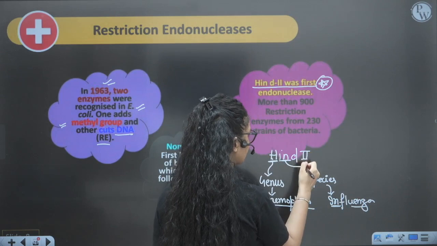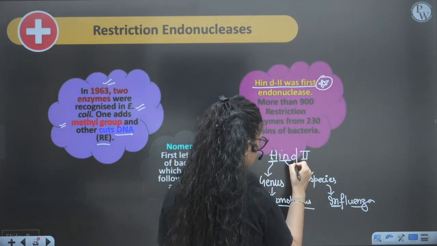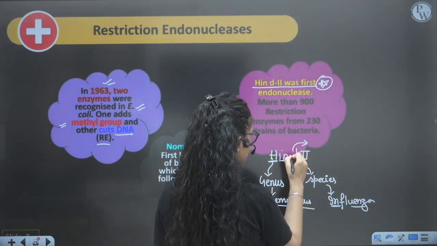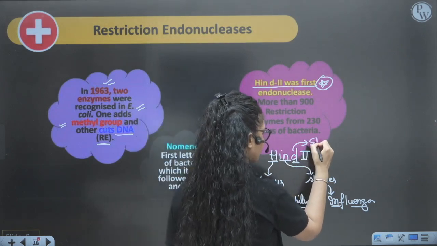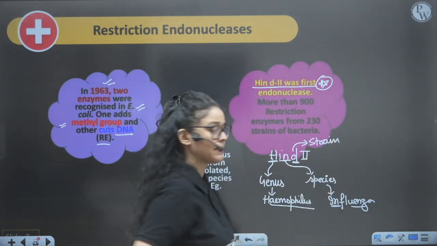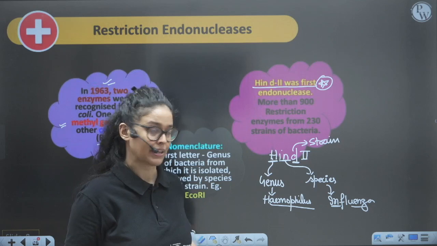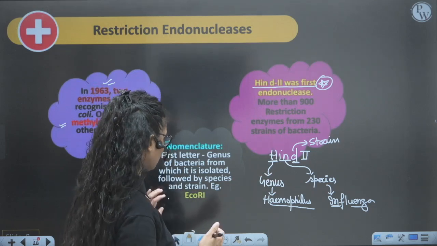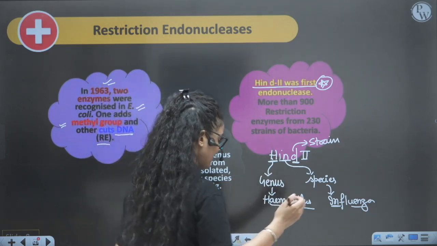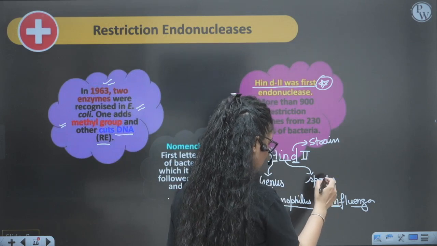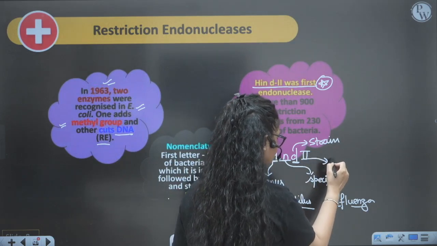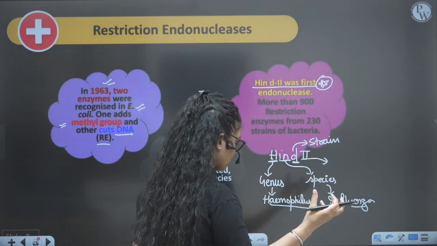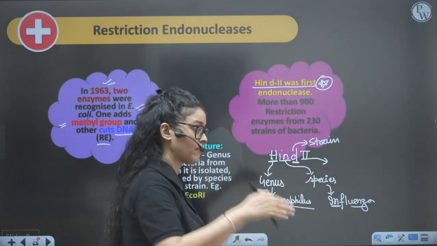Then we have the D. This letter represents the strain. Like we have animal breeds, the same bacteria have strains. So D comes from the strain. And when we talk about 2, this 2 represents the order of isolation.